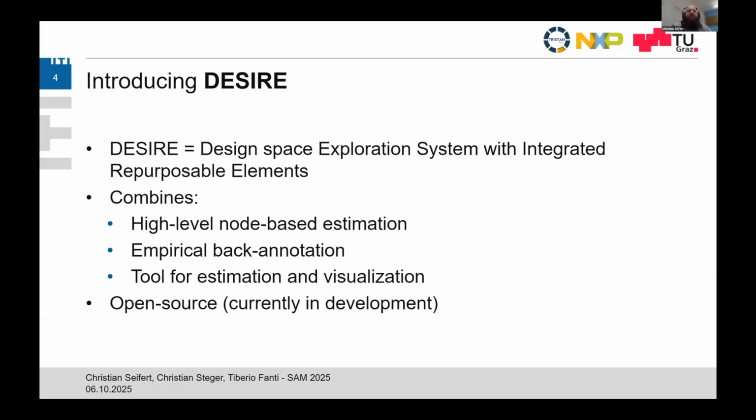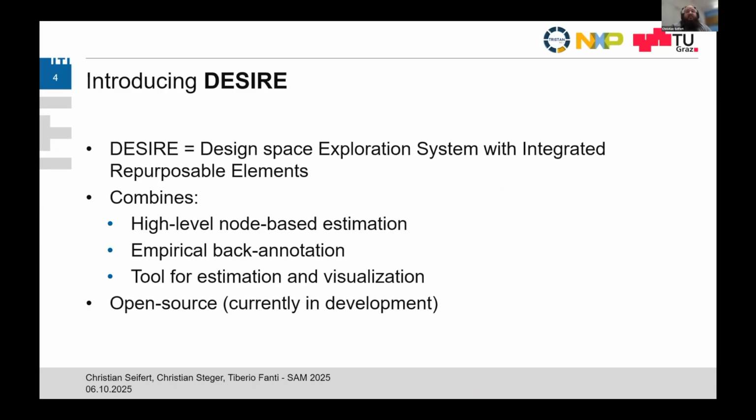In order to solve the aforementioned problems and introduce a methodology based on our adaptations of the V-model, we present DESIRE. DESIRE is short for Design Space Exploration System with Integrated Repurposable Elements, and it is an approach, or you might also call it a tool, that is supported by formal description, statistical log data, and visual feedback to provide early, close to realistic architectural evaluation.